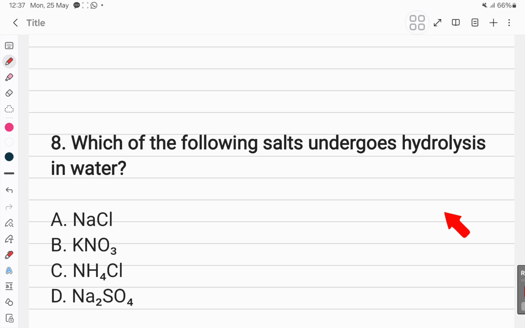There are some salts which do not undergo hydrolysis in water at all. What are those salts? Those are the salts of strong acids and strong bases, salts formed from the reaction of strong acids with strong alkalis or bases. And they are just 6. So the salts that do not undergo hydrolysis in water are sodium chloride and potassium chloride. These are salts of hydrochloric acid.